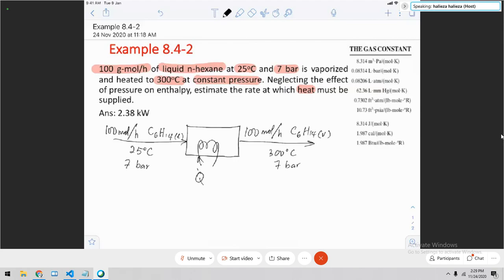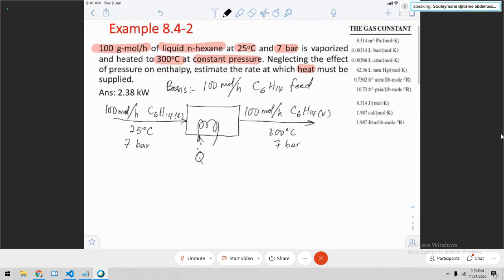Somebody tell me what to do, step by step. First thing, what is the first step? Choose basis. Okay, what is your basis? 100 mole per hour of liquid hexane fed. Okay. Next, choose reference state.